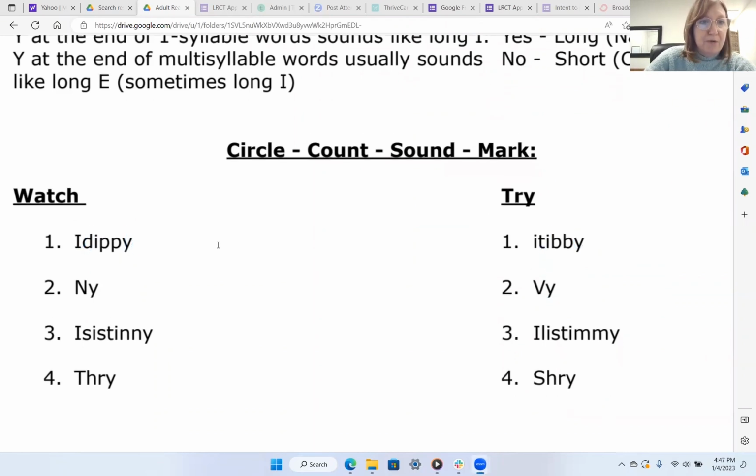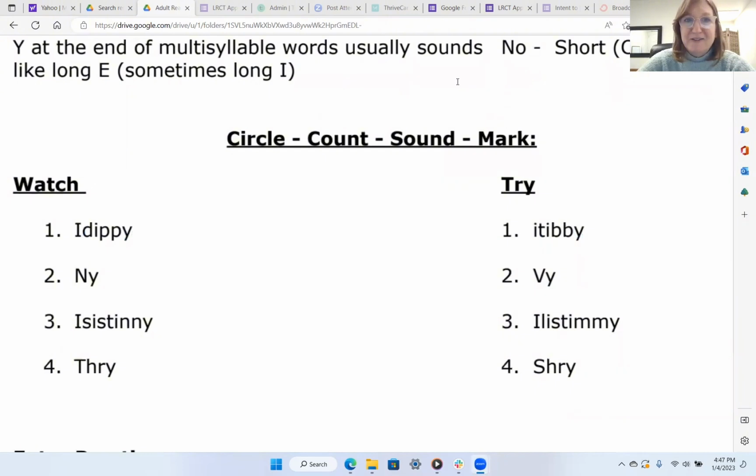Over to my number 3. Ooh, this looks like a fun one. Okay, I'm going to circle my vowels. There's one, there's one, and there's one. So I'm going to tap 2. 1, 2. Yes, there's a vowel. Yes, it says its name. Tap 2. 1, 2. No vowel, no name.